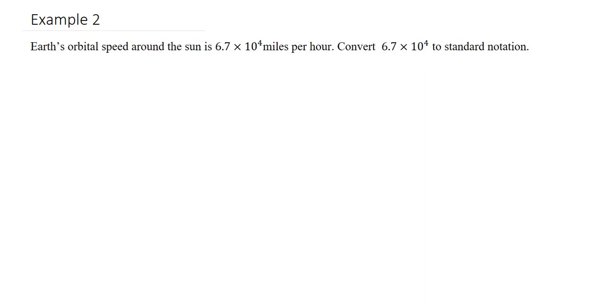So let's write this. So we have 6.7 times 10 to the fourth. Right, so this is the number, and we write the decimal right after the first digit. That's our scientific notation. And then we have our b, which tells us how many times we need to move the decimal.